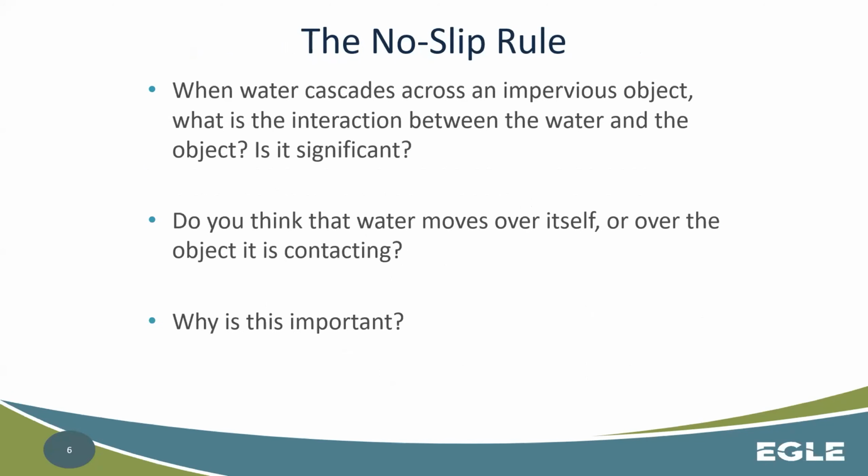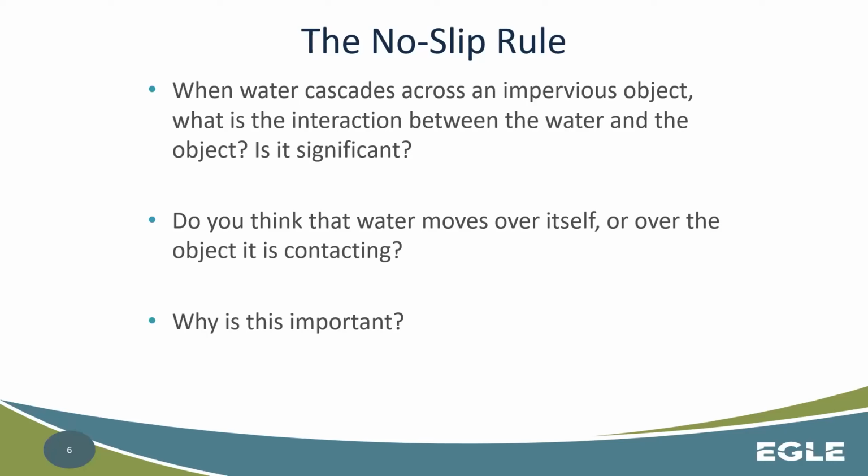So the no-slip rule. When water cascades across an impervious object, what is the interaction between the water and the object? What this means is, if I pour some water across a surface, is that water moving over itself or across the object?